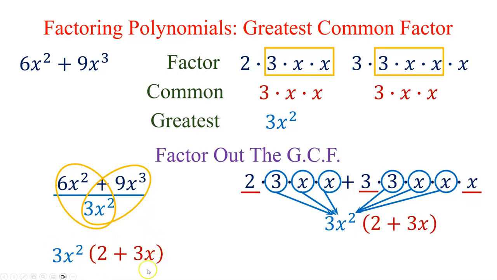So there's our answer, and we did a process with dividing as opposed to putting it in expanded factored form. Now I got my answer. I can actually check myself by doing the distributive property. 3x squared times 2, 6x squared, and 3x squared times the 3x, 9x cubed, which was the original expression.